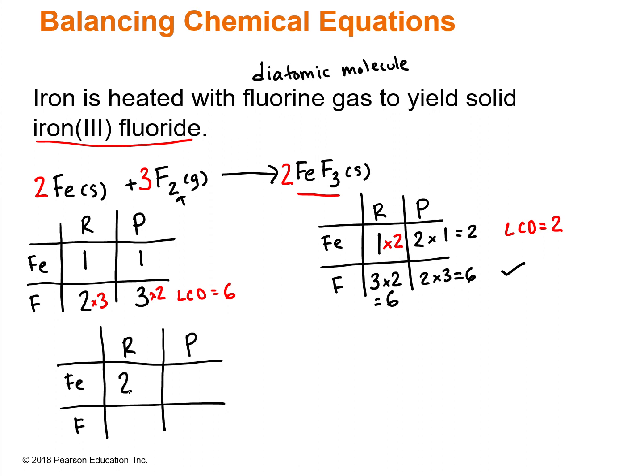Reactant side, I've got 2 irons, and 3 times 2 equals 6 fluorine atoms, which we haven't changed since the last time. And then we've got 2 times 1 to give us 2 irons, and 2 times 3 to give us 6 fluorines. Now we're balanced.